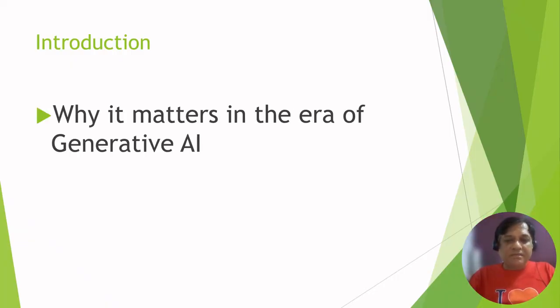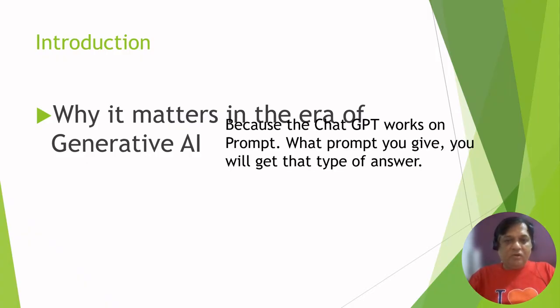Then why is it that important? Why does it matter in the era of generative AI or Gen AI? It is because ChatGPT or any tool which you see works on prompts. The prompts that you give are the main thing, the input, and you get the output in the type of answer based on whatever prompt you give. For example, if you say what is the capital of India, it will give you New Delhi.